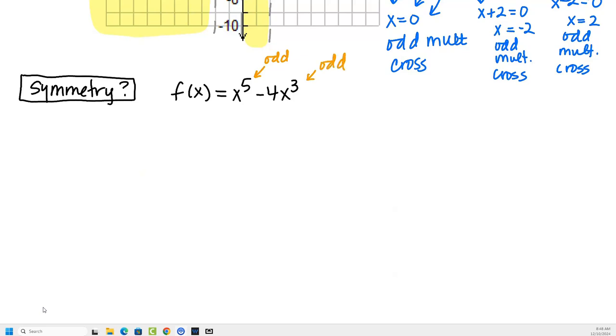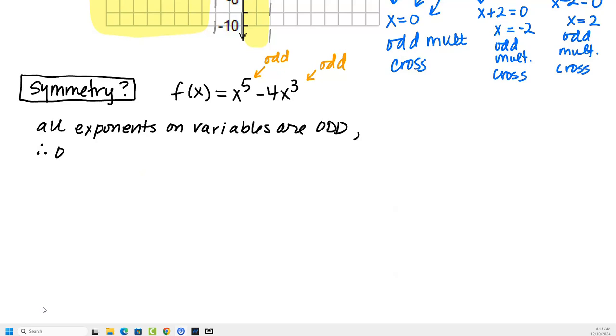So therefore, it's going to be an odd function, right? So I'll write a little note here. All exponents on variables are odd, so therefore, it's an odd function.